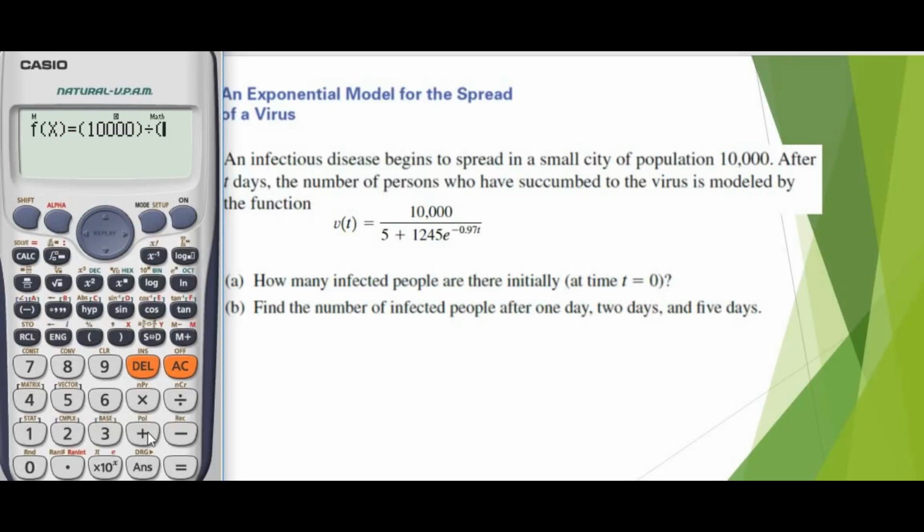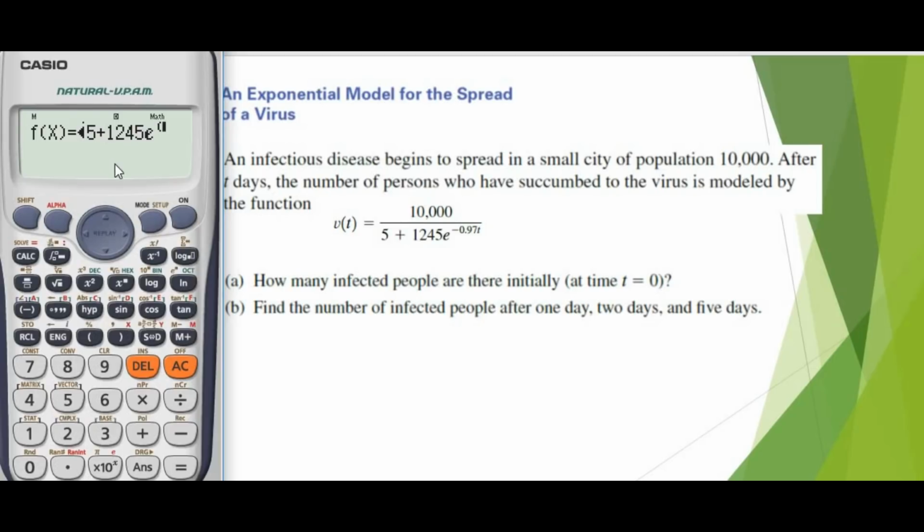We have 5 plus 1245 e, shift e to the power of, so we'll use parentheses such that negative 0.97 t.